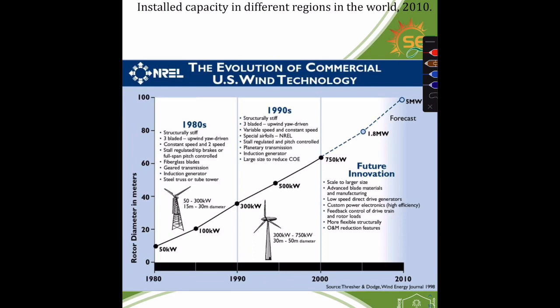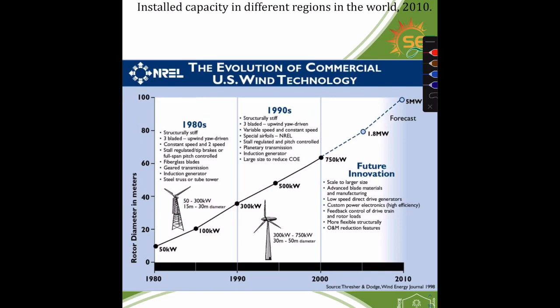This means that between the blades, if we connected them and made a circle, the diameter of 5 meters to 30 meters used to produce 50 to 300 kilowatt.